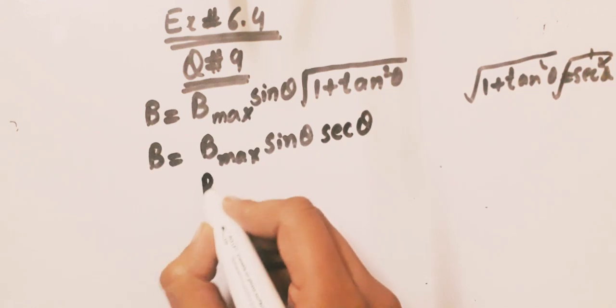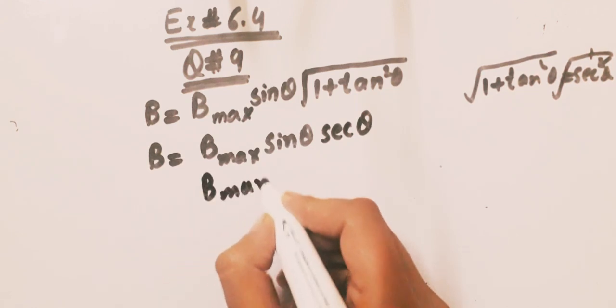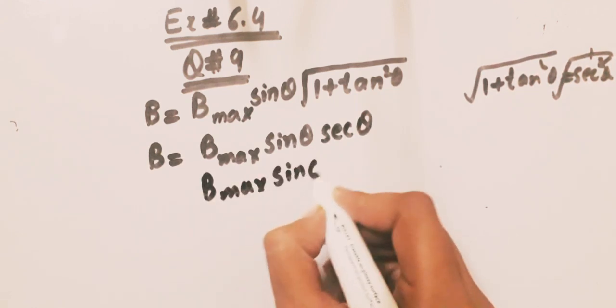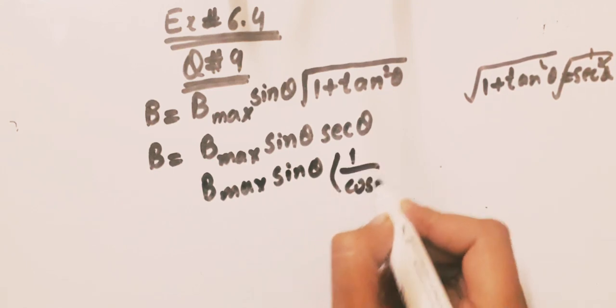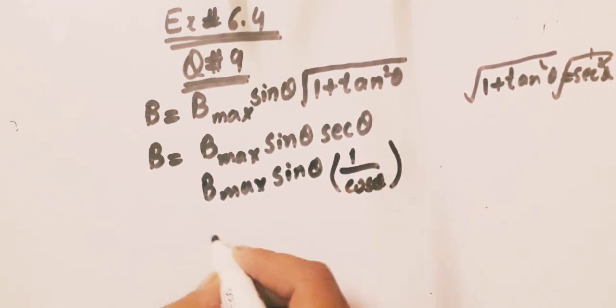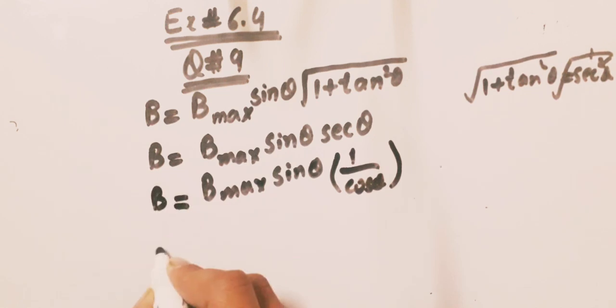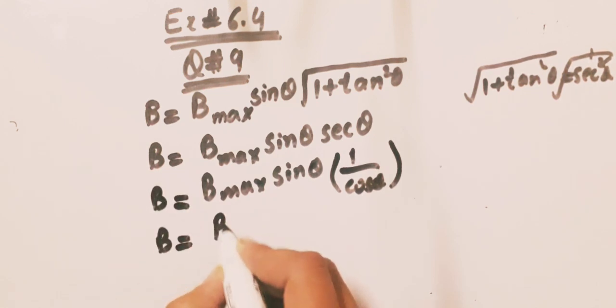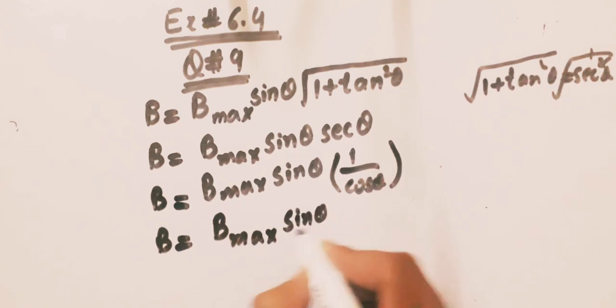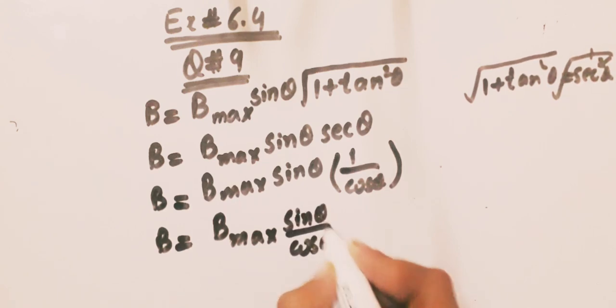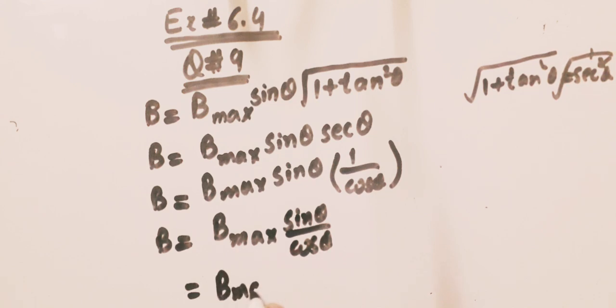So B maximum sin theta, and secant theta is the reciprocal, 1 over cos theta. So B is equal to B maximum sin theta over cos theta. So sin theta over cos theta will become tan theta. So we have written this equation in terms of tan theta.